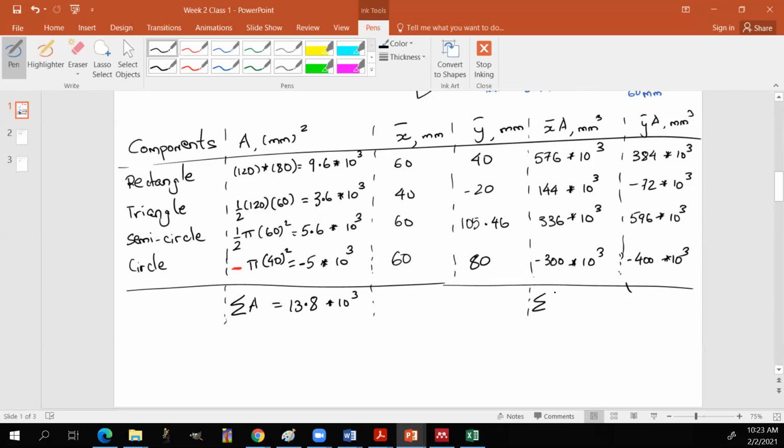Next, we need the sum of x bar A, which is how much? So the sum of all of these guys. 756 times 10 to the 3 millimeters cubed, right?